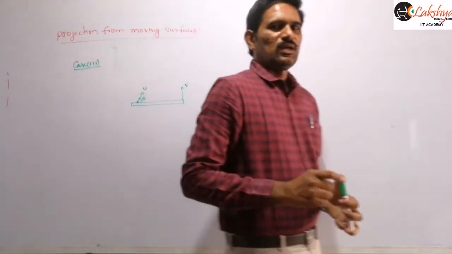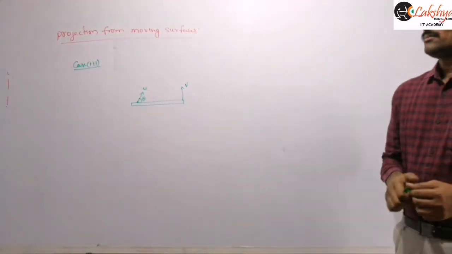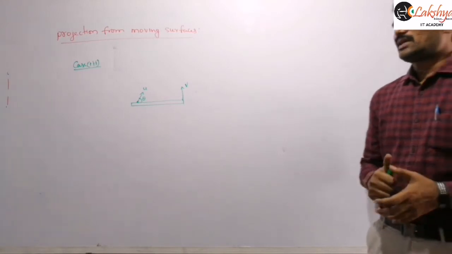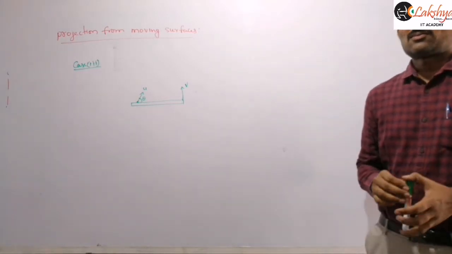Write that: consider a platform moving vertically up with uniform velocity v.